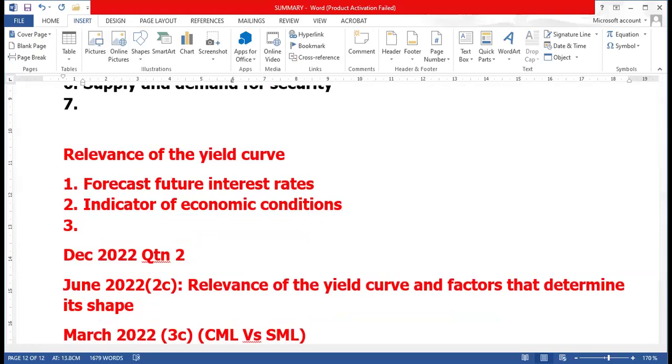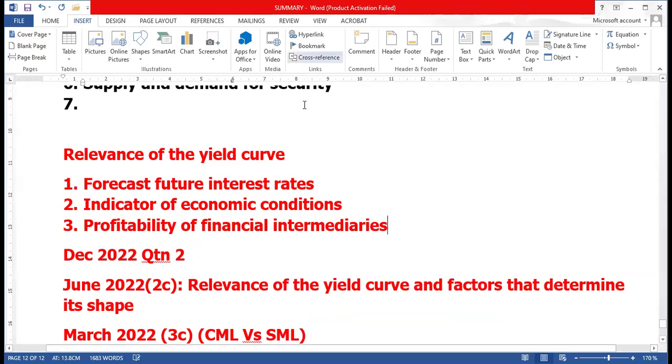It also relates to the profitability of financial intermediaries. The yield curve plays a critical role in determining the profitability of financial institutions, particularly banks.